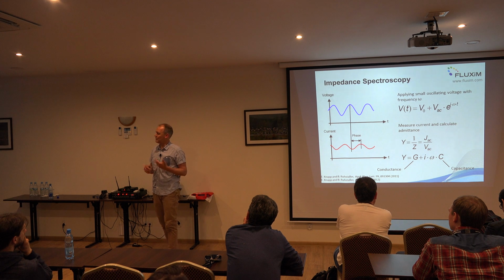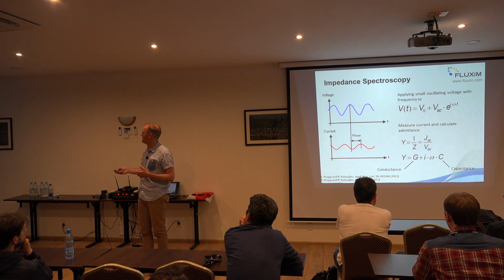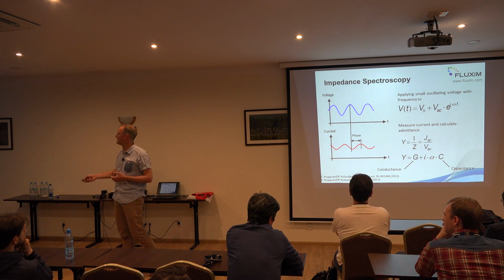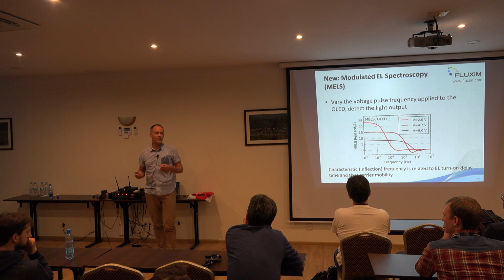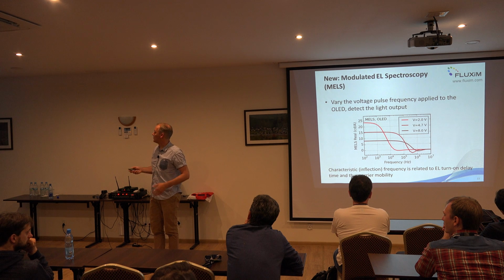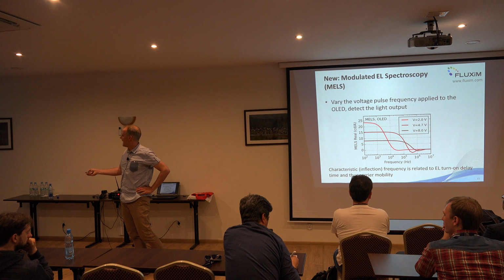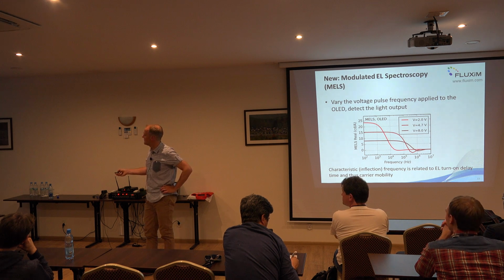Over time we have played around with the measurement techniques, and Martin Neukom, my colleague, has implemented something new. Instead of looking at the current response to the voltage excitation, he looked at the light output for this AC voltage modulation. So by changing the frequency of the AC voltage, we look at the light output or the current efficiency.